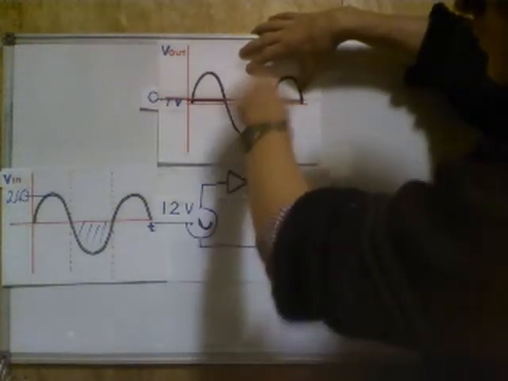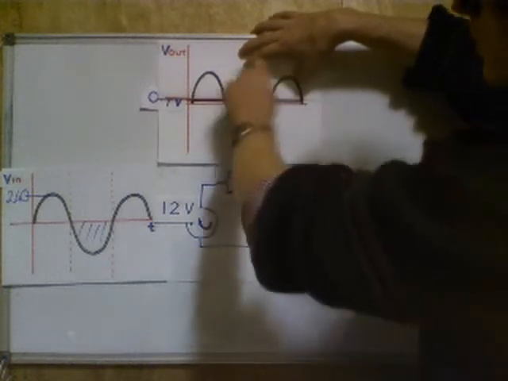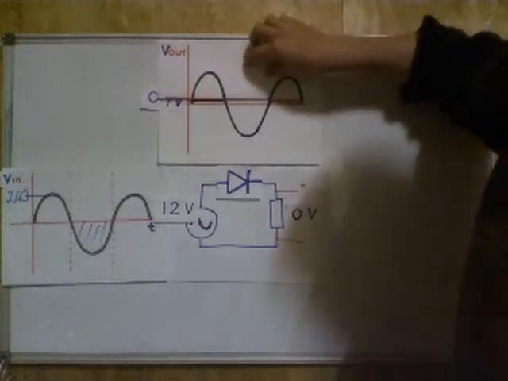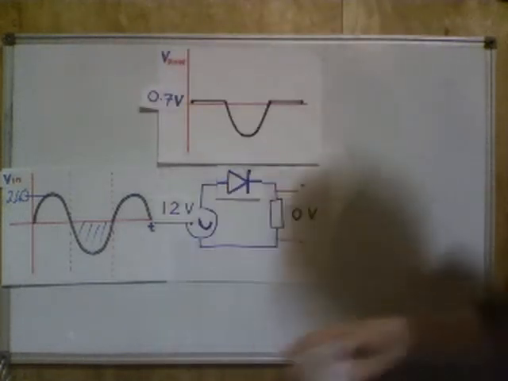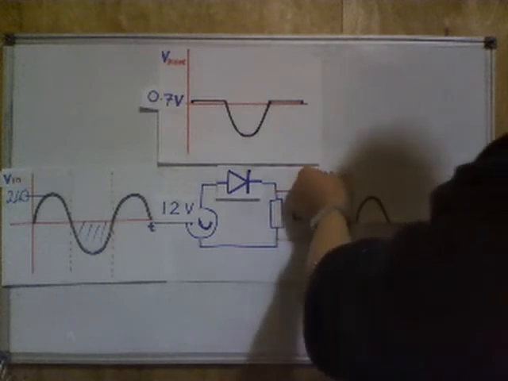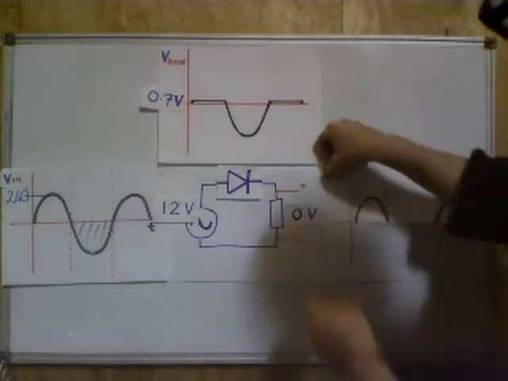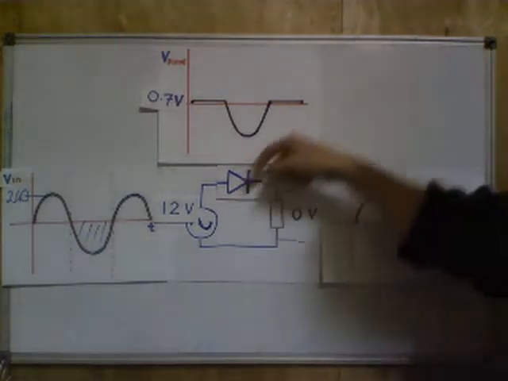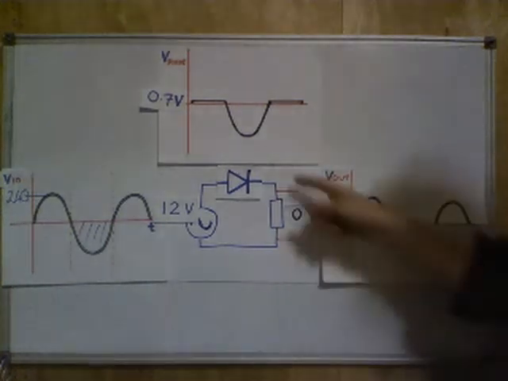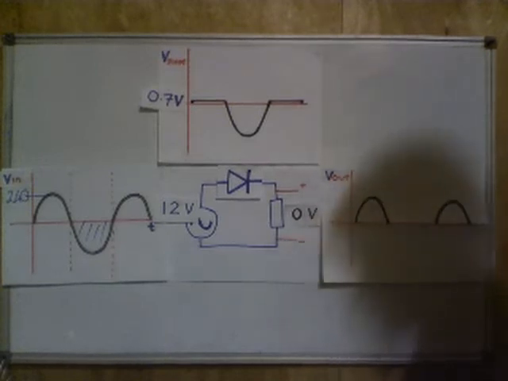Depending on where in the cycle we are, the majority of the voltage drop might be across the diode, or it might be across the output resistor. Anyway, the important thing is that by adding this diode into the circuit like so, we can achieve an output signal that is purely positive. And that means current is flowing through the load resistor in only one direction. We're closer to getting a direct current.